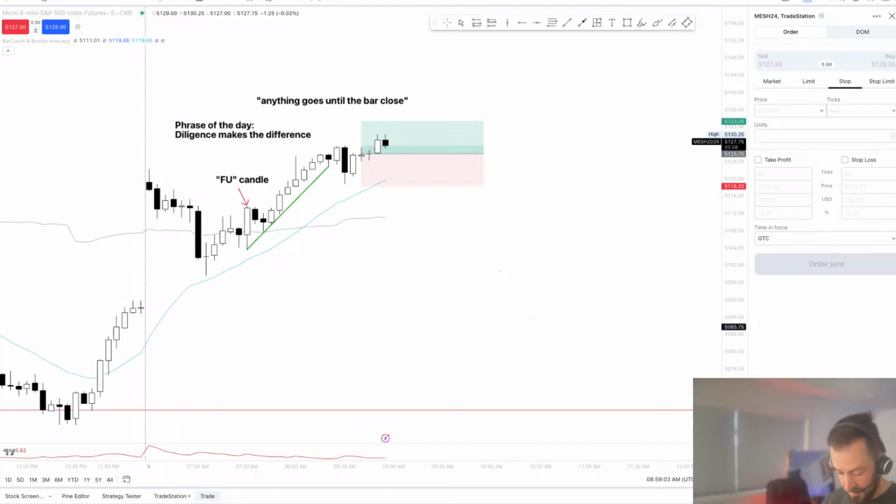Two. Pure positive vibes. No exceptions. Three. Support each other. Chat room rules.